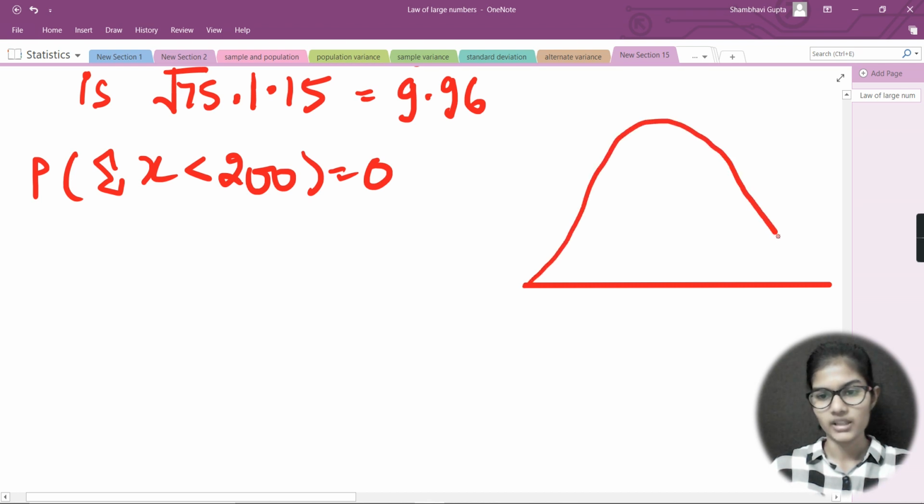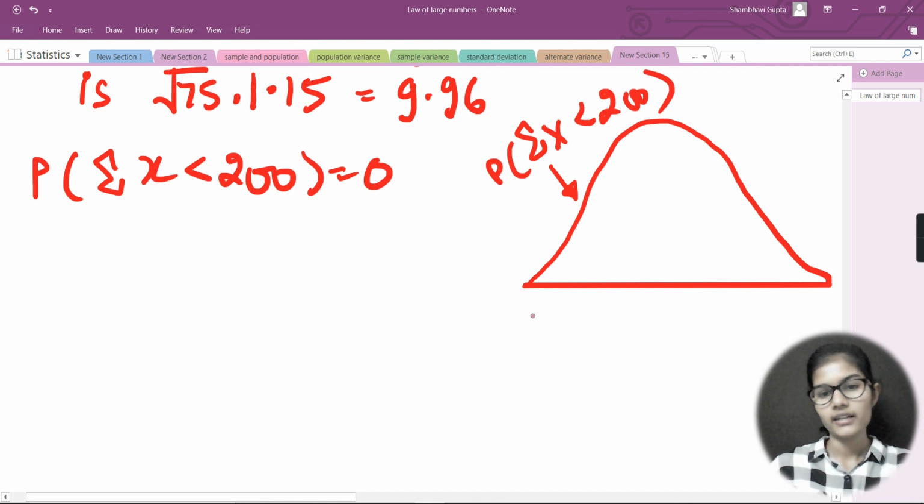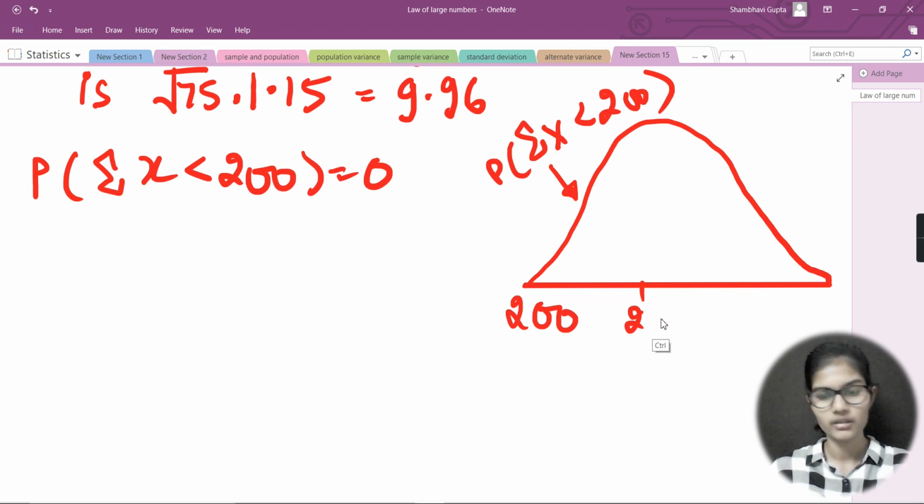Here I put the arrow, and it represents the probability of sigma x less than 200. Here I can give the value, so let's say it is 225, and this is sigma x.